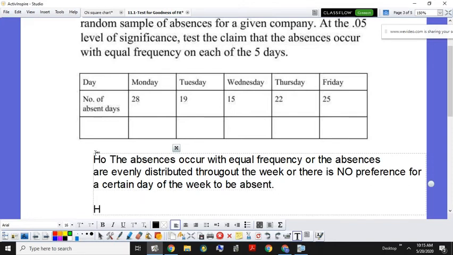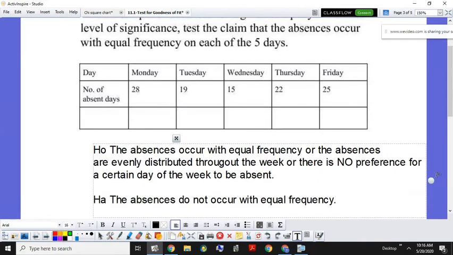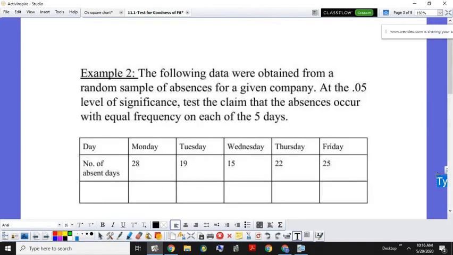Then whatever Ho you want to do, your Ha is going to be the opposite. I'm just going to use my first one. The absences do not occur with equal frequency. Okay, if you want to do this one, you say the absences are not evenly distributed, or you say there is a preference.